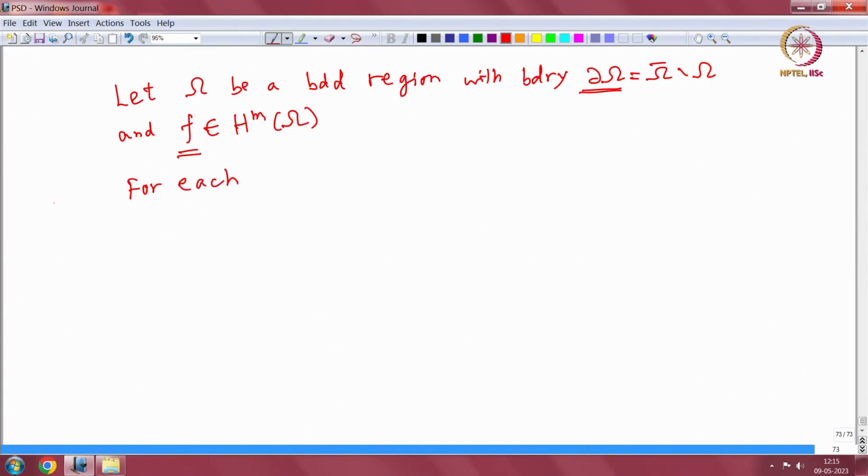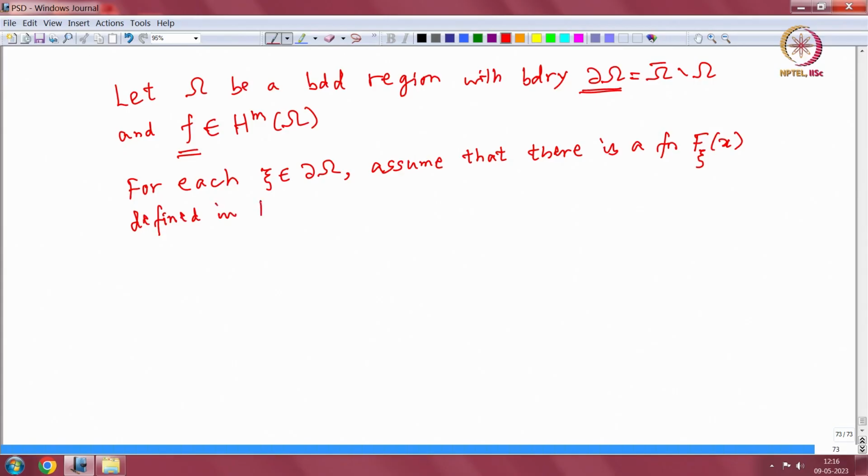For each j in del omega, assume that there is a function, call it f_j(x), defined in a ball around j of radius r.